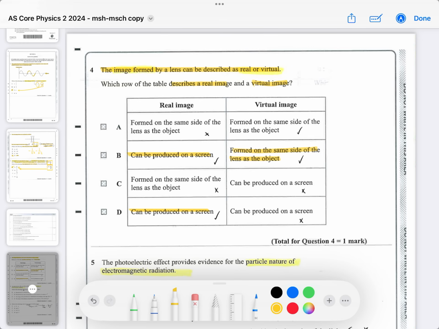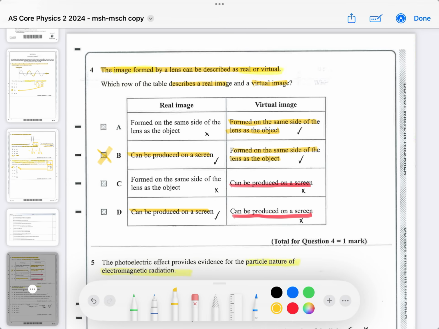So once we know that B has both ticks, you can get the right answer. They've talked about can be produced on a screen, which is obviously not a virtual image, because it's not really where you imagine it to be. So the answer is B.